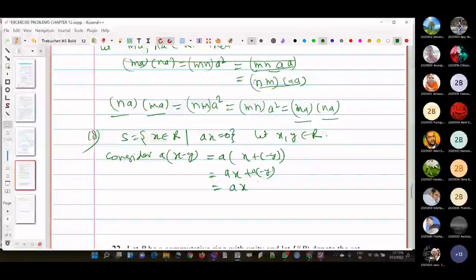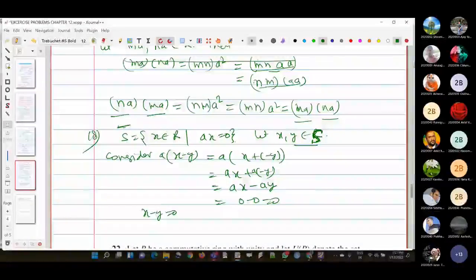Or we can write ax, and because this is a ring, a times minus y is equal to negative a times y. And because x and y belong to S, this should be 0 and 0, which equals 0. It means x minus y is also a member of S.